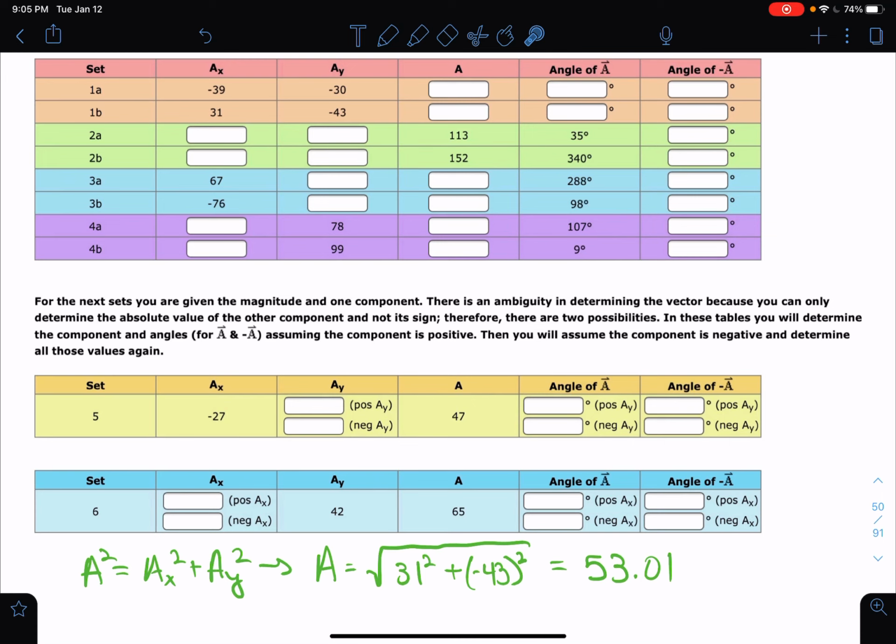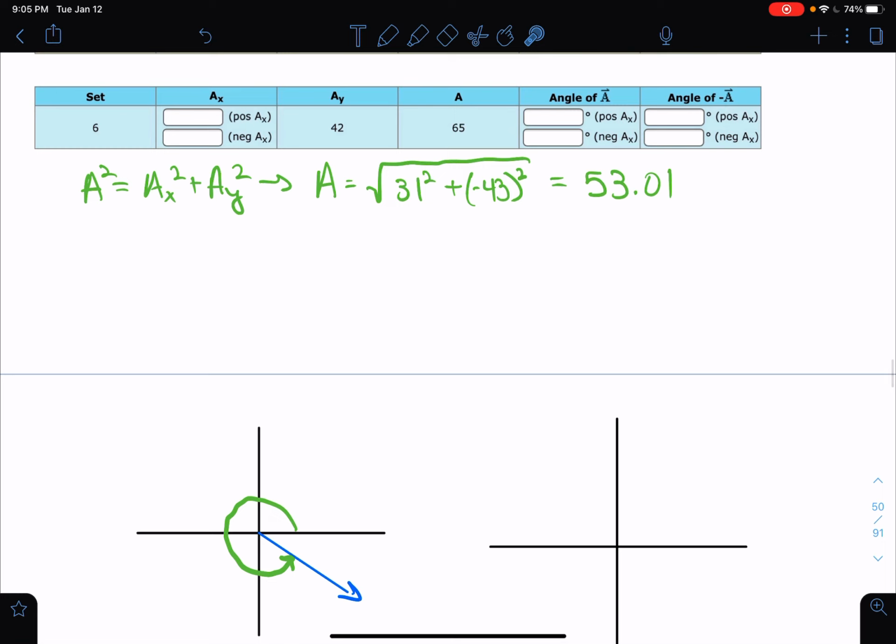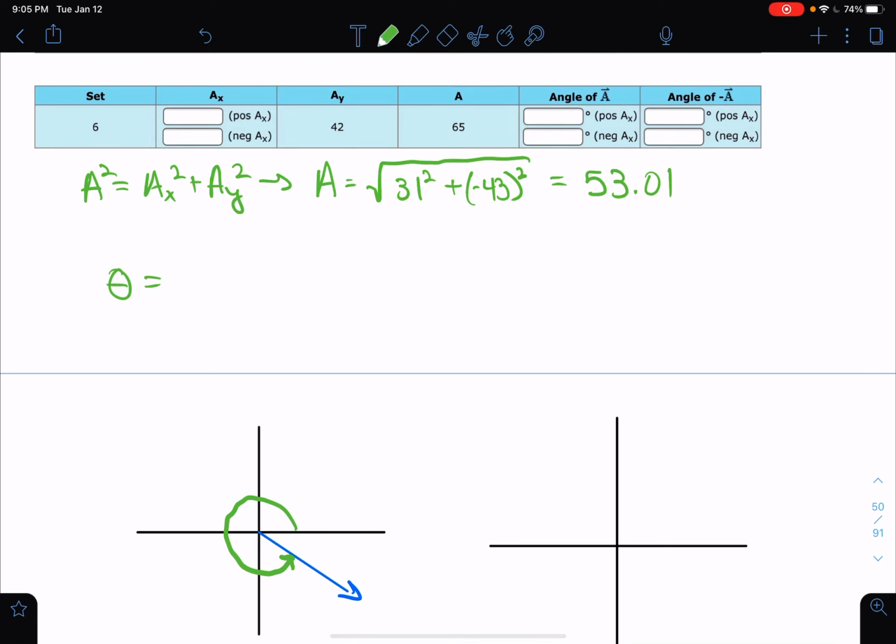Now I need to get the angle. So the formula that we have talked about is this one, theta equals arctangent of the y component over the x component. And that will give you this angle right here, the angle relative to the horizontal. So if I'm doing that here, I'm going to have the arctangent.